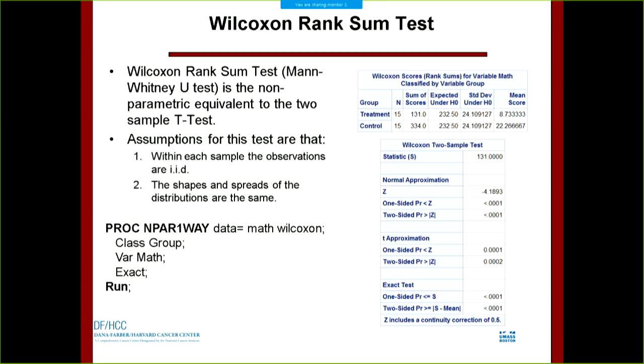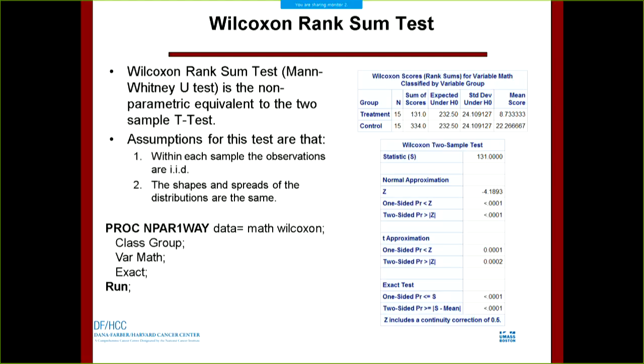In SAS, we use the NPAR1WAY command here, and we have the test variable, which is the outcome variable, and the grouping variable. For the non-parametric test, we do not need an assumption about the distribution, but we still need the assumption that the observations are independently and identically distributed, so-called IID, and that the shape and spread of the distribution are the same.